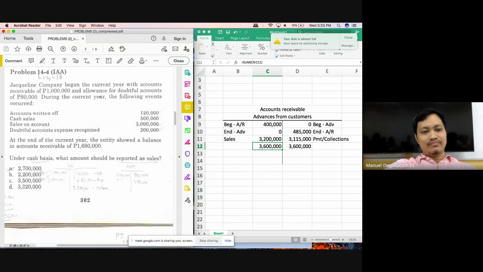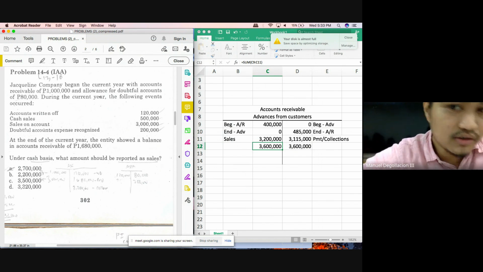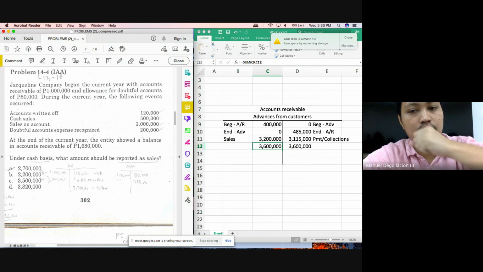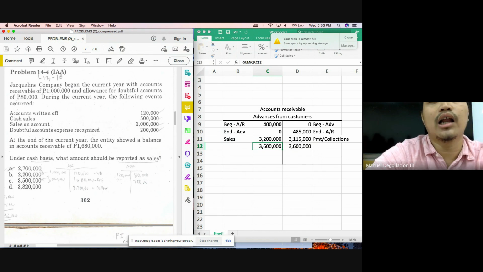14-4, under cash basis, what amount should be reported as sales? Okay, so I think we can still use this one. What do we have? Plus, can we agree to combine our cash sales and sales on account, class?